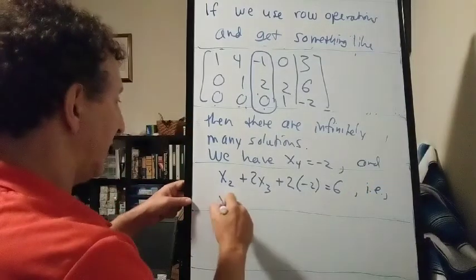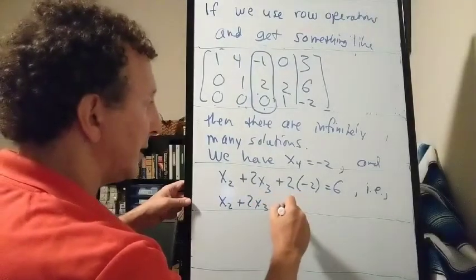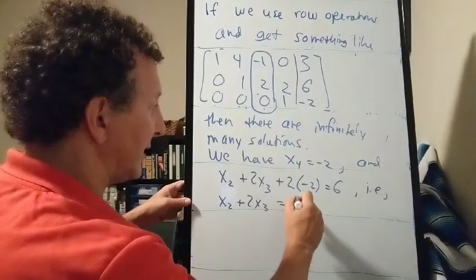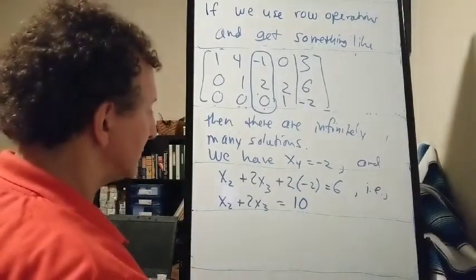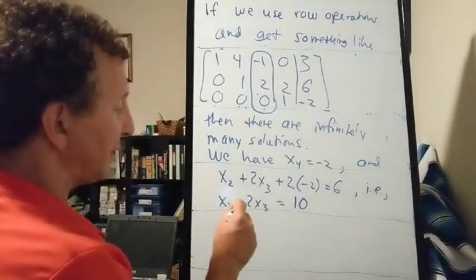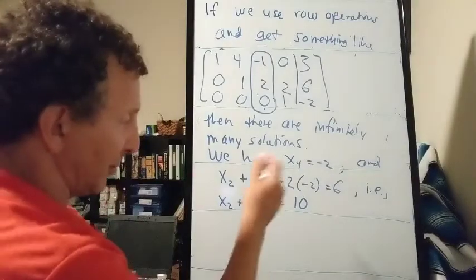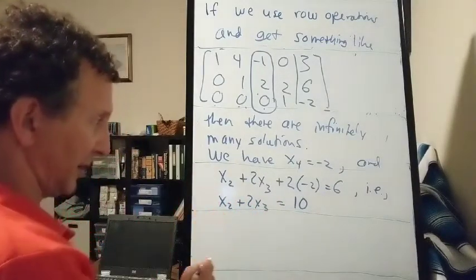That is x2 plus 2x3 equals, this is a -4, add 4 to both sides, and we've got 10. So we don't have enough information to say exactly what x3 is in terms of just x4, because there's this other variable here.